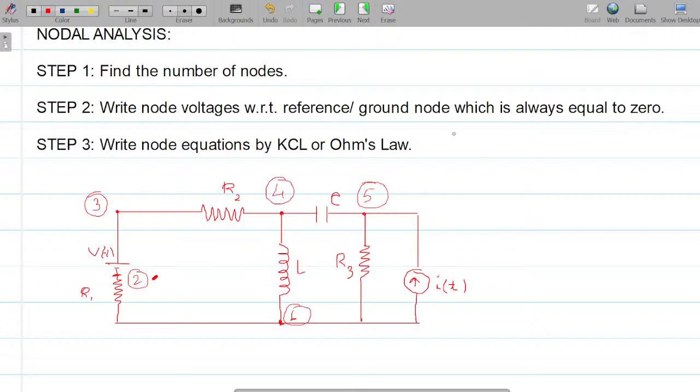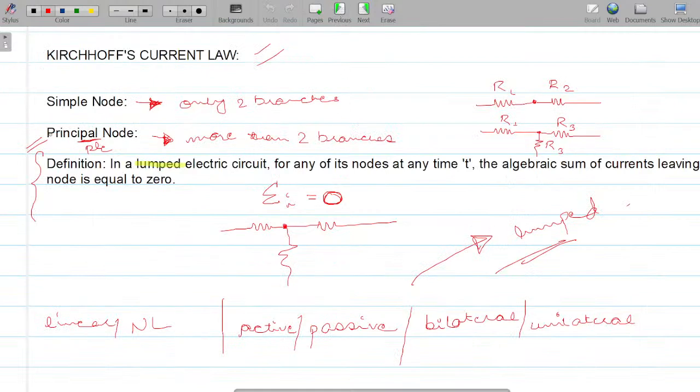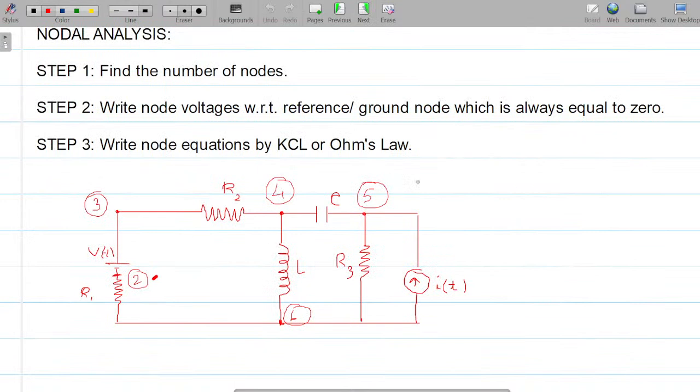Now by definition, we did see what is a principal node and what is a simple node. Again, I'm taking you back to that slide. A simple node would be only two branches, a principal node would be more than two branches, right? So tell me in this figure, how many principal nodes are there? Principal would be more than two branches. So node number 1, it is principal. There are more than two branches, right?